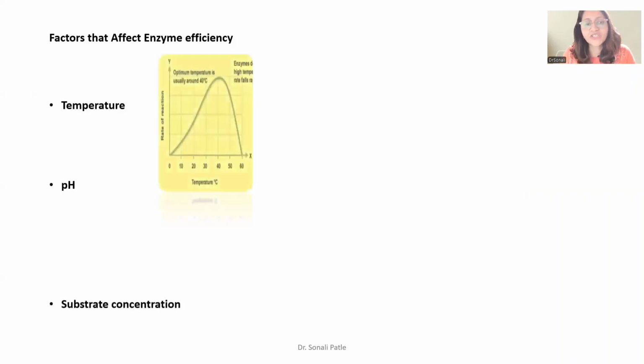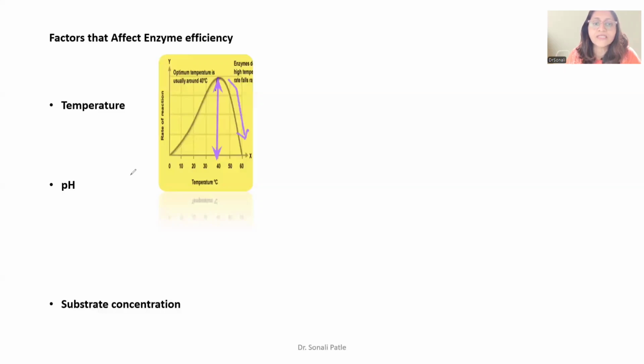Temperature specifically, you have a specific temperature, which we call the optimum temperature, at which the enzyme will function perfectly. Beyond that, what will happen? You can see here their activity declines.